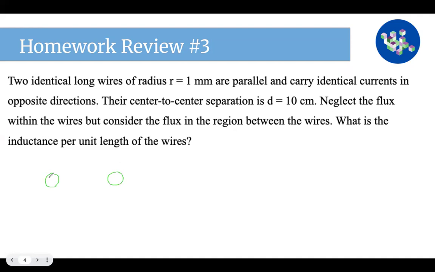The wire on the left is carrying current into the screen, so I'll mark that with an X. The other wire carries current out of the screen, so I'll mark it with a dot. And for each of these, the radius is 1 millimeter. Their center to center separation is d equals 10 centimeters, so this would be 10 centimeters, right?